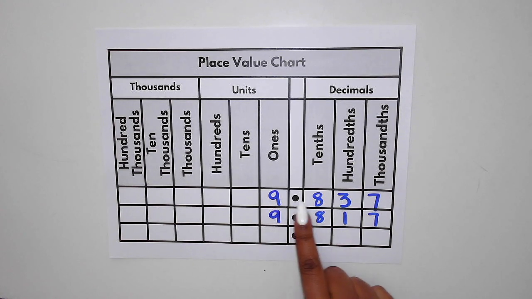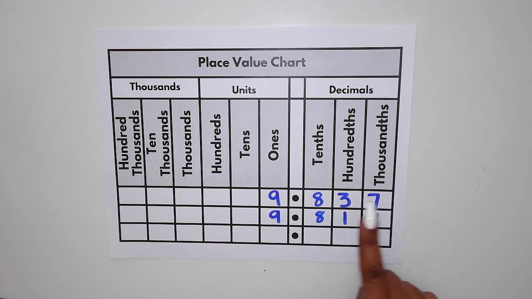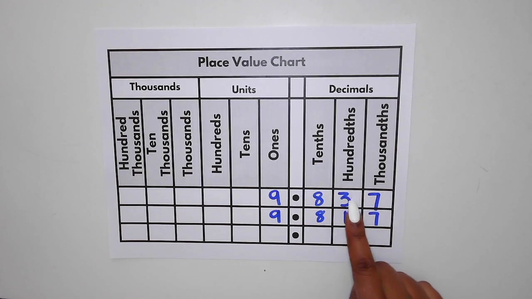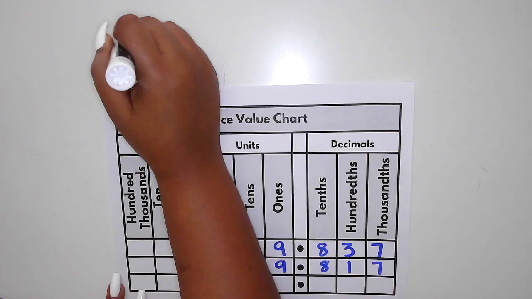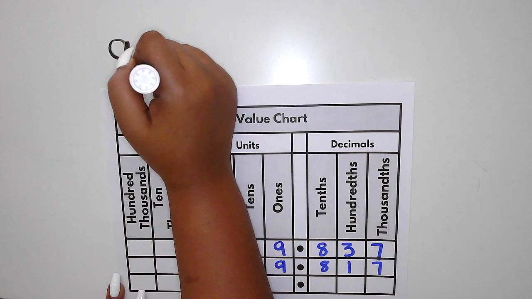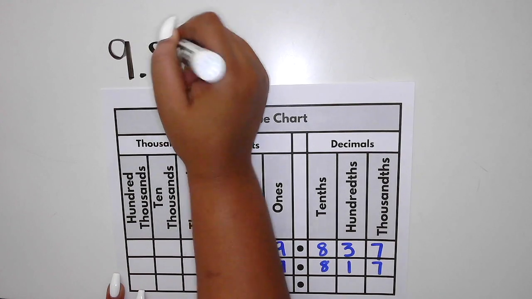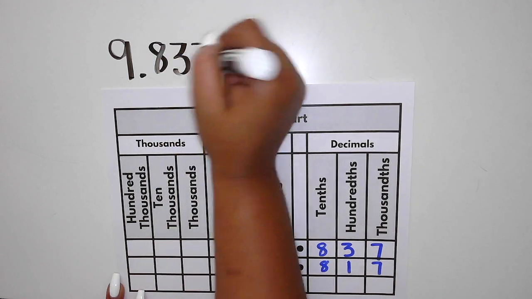The number 9 and 837 thousandths has 3 hundredths, and the number 9 and 817 thousandths has 1 hundredth. The number 9 and 837 thousandths has more hundredths than the number 9 and 817 thousandths. So 9 and 837 thousandths is greater than 9 and 817 thousandths.